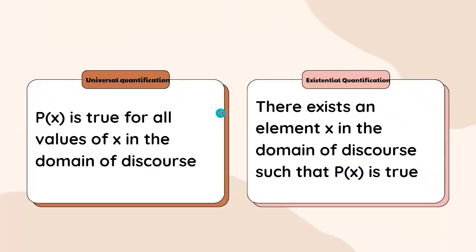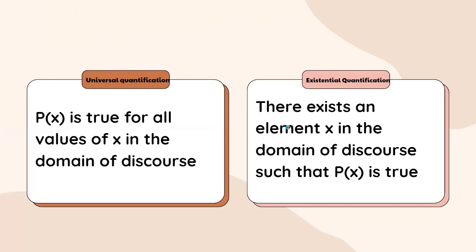There are two kinds. One would be the universal quantification. Basically, it means that it is true for all the values of x in the domain, if you are given a domain, of course. In existential quantification, basically, within a domain there lies an x where x is true.